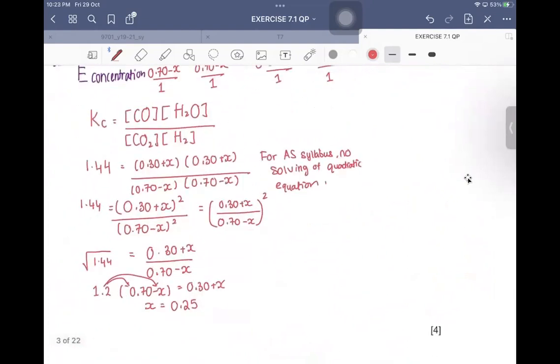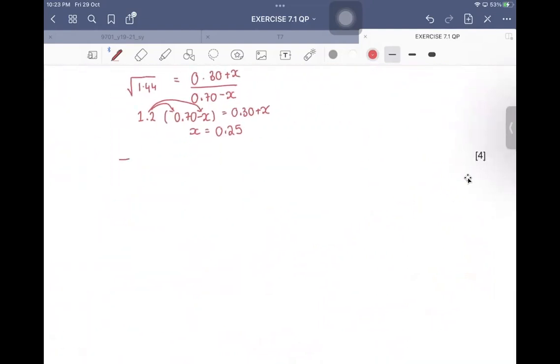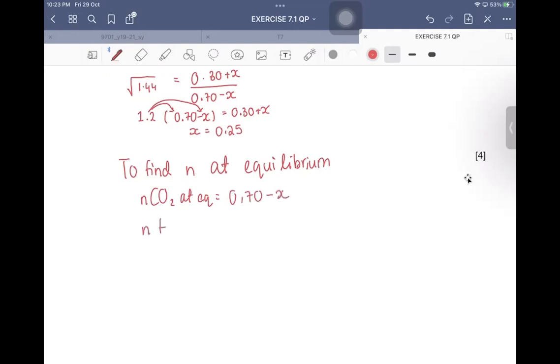So to find the number of moles at equilibrium, you have to sub in. At equilibrium it is 0.70 minus x, and that's the same as the number of moles of hydrogen as well.